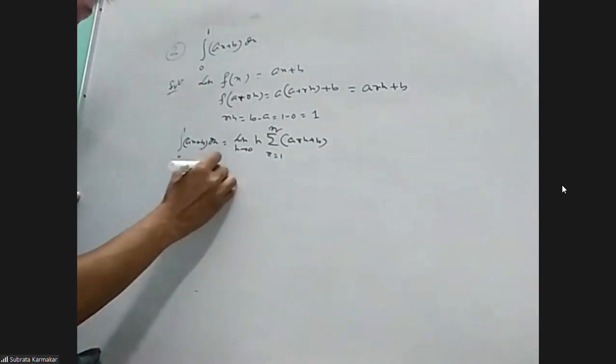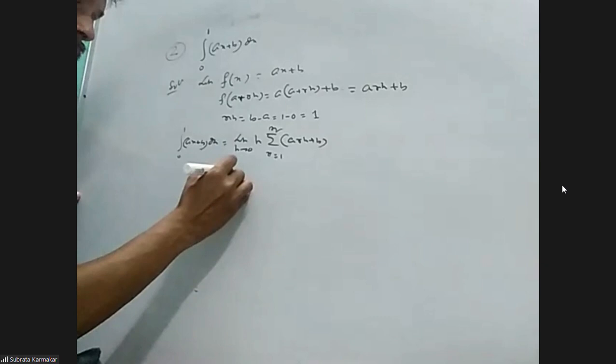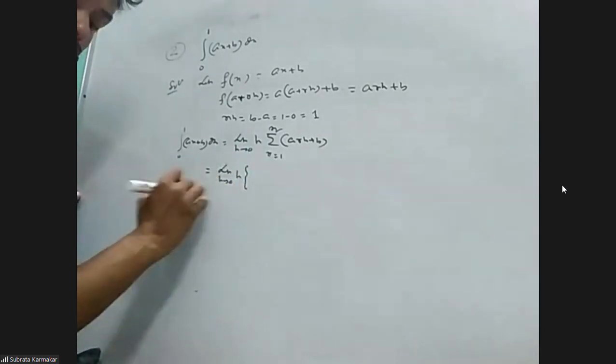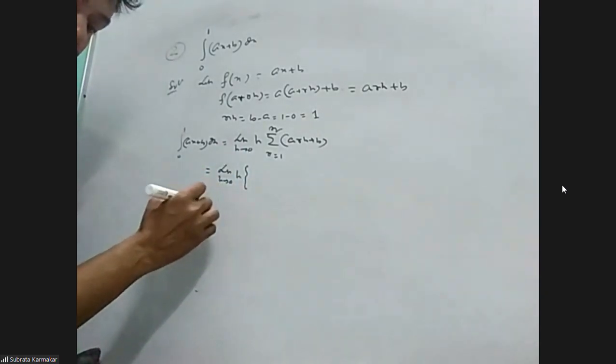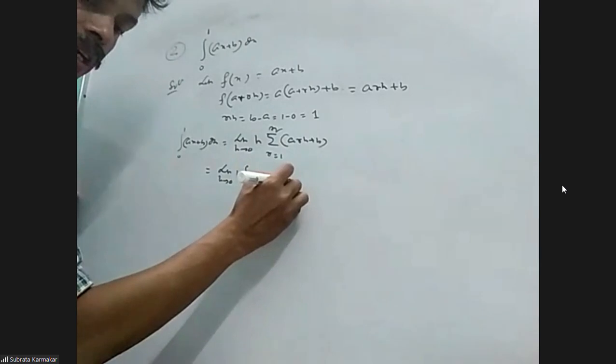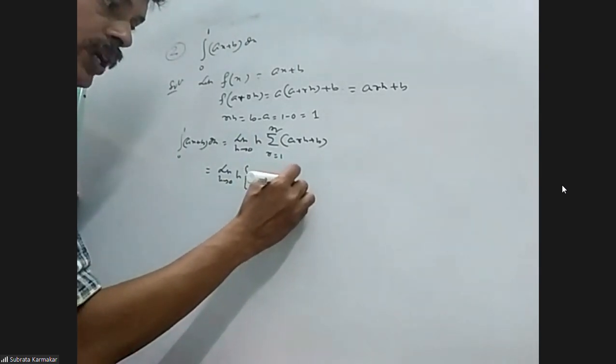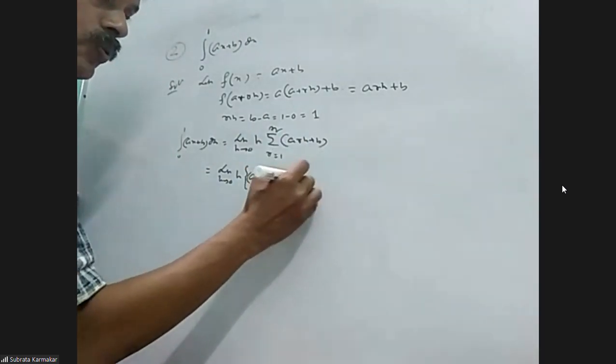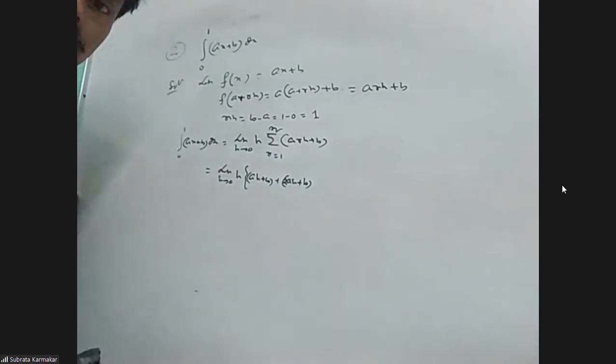Now, limit h tends to 0, h into: r equal to 1 gives ah plus b, then r equal to 2 gives 2ah plus b, second term.